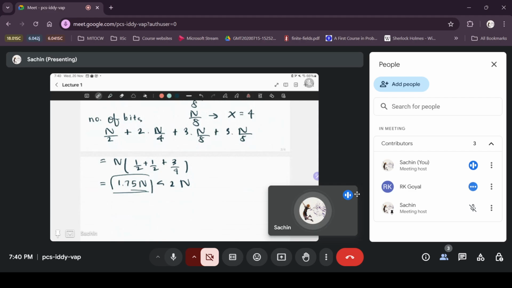But if you are doing encoding on words instead of letters, how many words are there in the English language? For the entire dictionary, you have to be able to differentiate between each of the words, right? So you'll have to give a unique code word to all the words. That will be thousands, right?